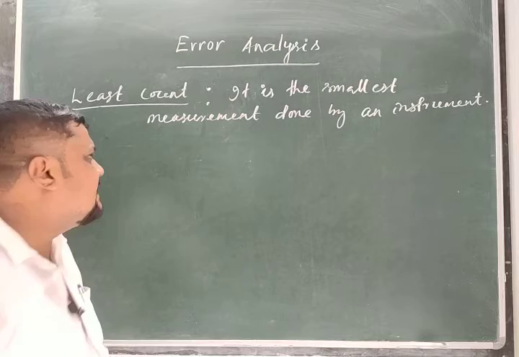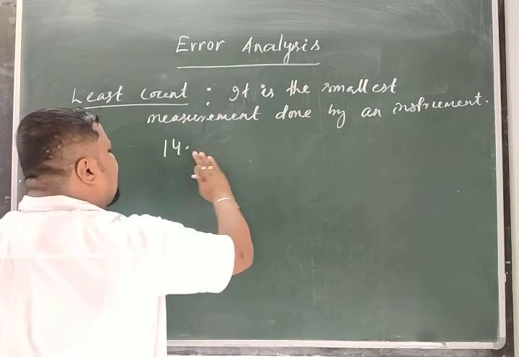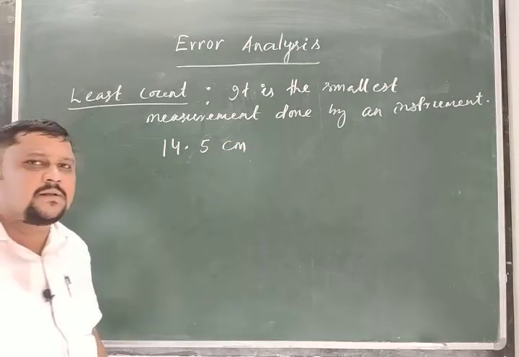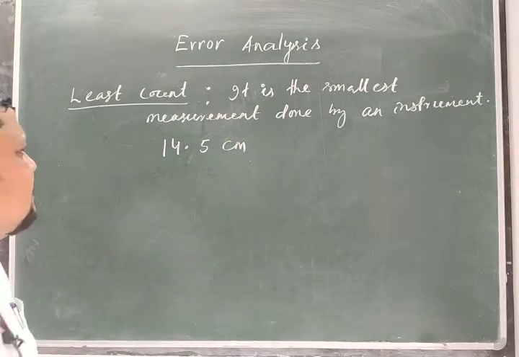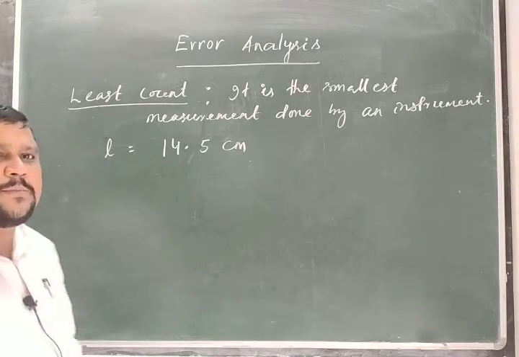So in this case I will say 14.5 cm. The length of the duster, L, is equal to 14.5 cm.